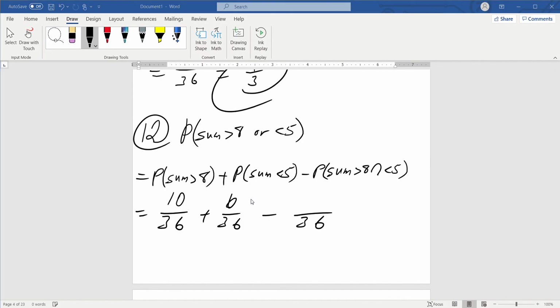So like these guys. And at the same time, are these also smaller than 5? No. So that means there's no overlap, and that's okay. So when you add these, that's going to give you 16 out of 36, which is just 4/9.